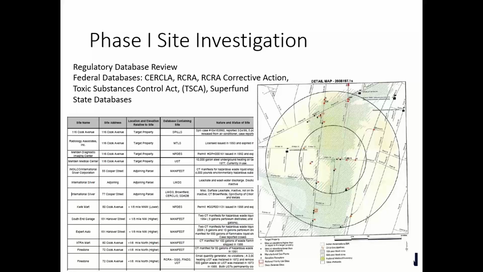It also comes with a regulatory database review, which is a report generated as a radius map. Here, for example, this is our target site, and there is a certain radius around the site where we check other properties that might have entered federal or state databases that have to do with documented environmental contamination.